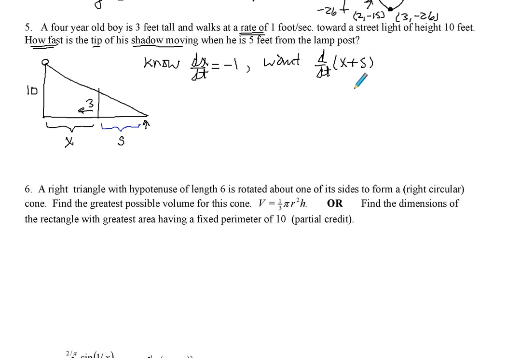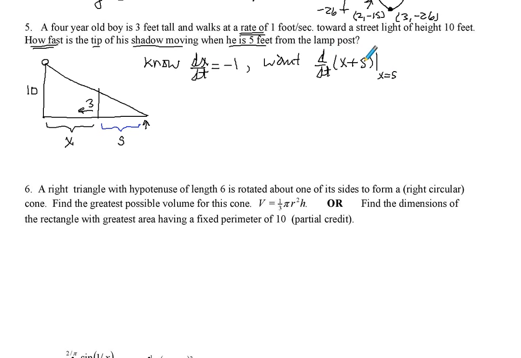That's going to tell how fast the tip of the shadow is moving. Now if they asked how fast was the length of the shadow changing, that would just be ds/dt. And we want this when he is 5 feet from the lamppost. So this is going to be at x equal 5.